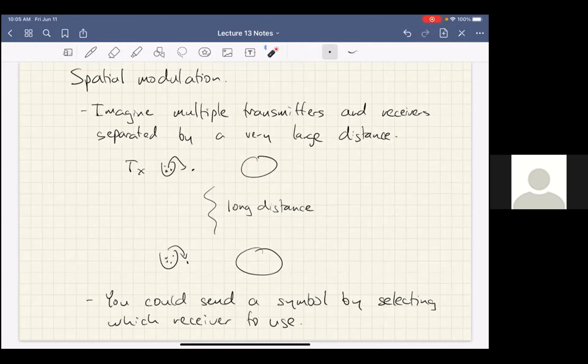If I want to send a 1, perhaps I will release a molecule from this emitter and it will be received at this receiver. And if there is a sufficiently long distance here, there is practically no chance that these will cross, that something released from here will arrive there, or vice versa. So that is the basic idea. We generally do not see spatial modulation in isolation. Instead, it's combined with other forms of modulation.